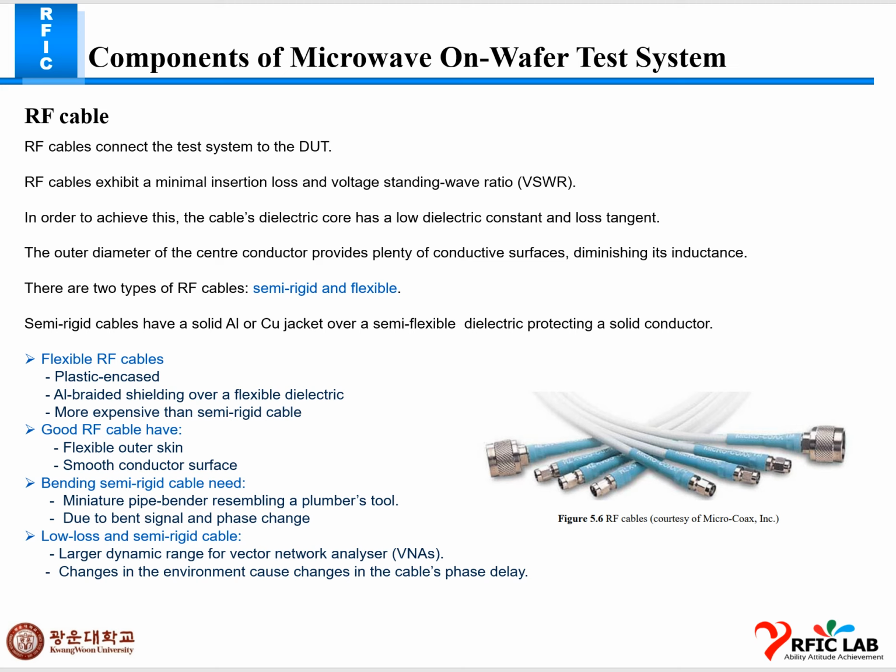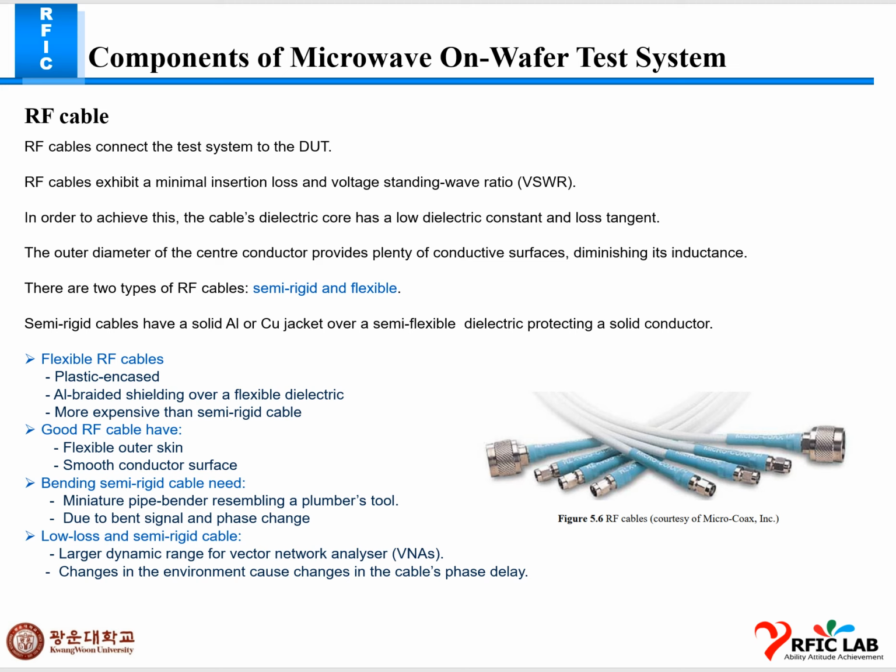This figure 5.6 shows RF cables, which you can see in this picture also. The flexible RF cable has a plastic and Al braid shielding over a flexible dielectric, and is more expensive than semi-rigid cable. Good RF cables have a flexible outer skin and smooth conductor surface.